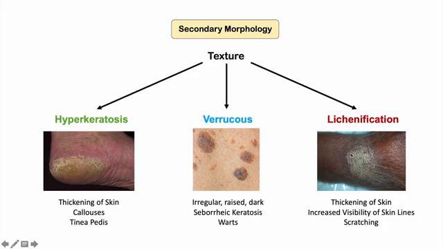But how this can be distinguished from other textures is that there is an increased visibility of skin lines. Although the skin is thickened, there's increased lines or hyperlinearity of the skin. And we get lichenification from scratching most often. If there's a lot of scratching for long periods of time, you can get this type of texture of a skin lesion.